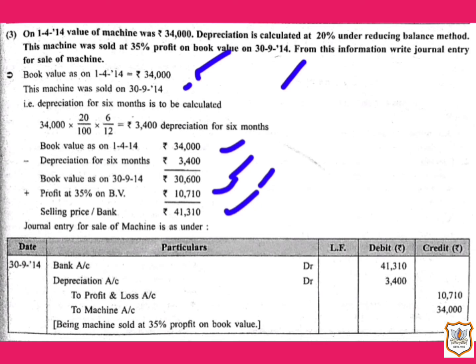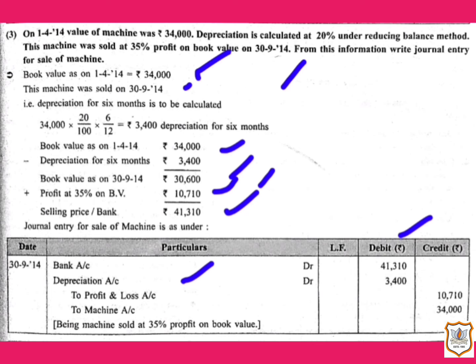So here our journal entry would be: bank account will be debited by rupees 41,310, as we are getting money by selling the machine. So here bank balance will increase. And depreciation, it is an expense, a non-cash expense. So here we will apply the rule of nominal account.